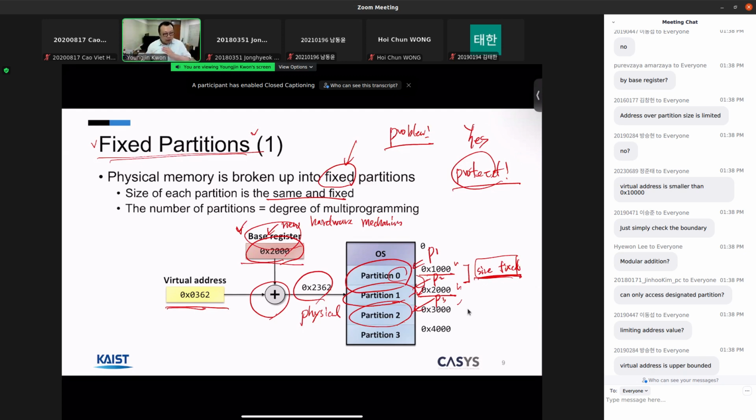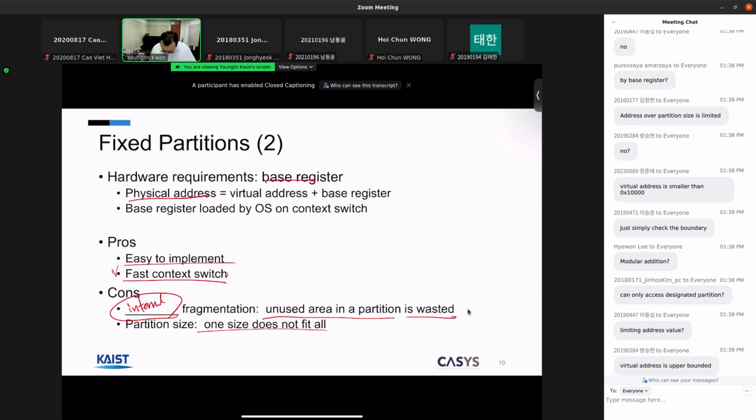More fine-grained protection, for example read-write permissions, is not applied in the fixed partition; it applies only when an application tries to access another partition, because sizes are fixed. If you go beyond the boundary, the hardware kills it. So that's the simple protection mechanism provided in fixed partition. The key problem of fixed partition is internal fragmentation, due to the fixed size.